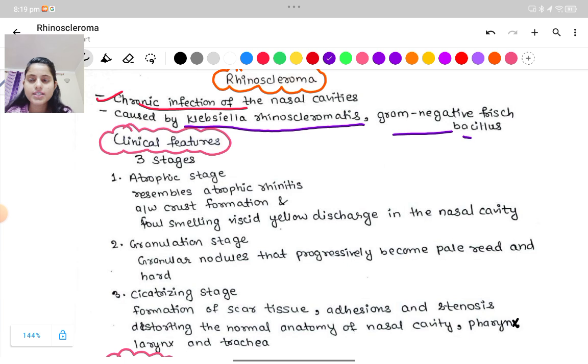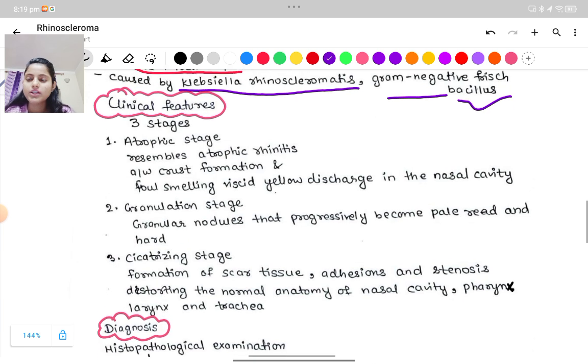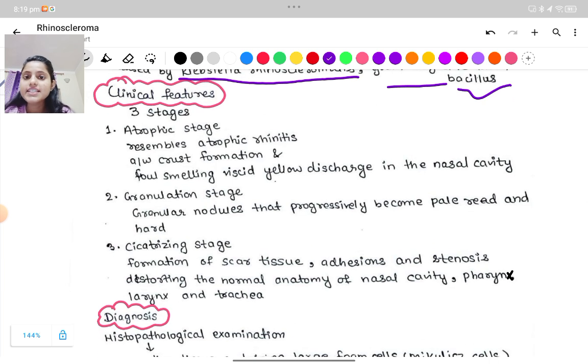which is a gram-negative rod-shaped bacillus. On the clinical features, there are 3 stages: first, the atrophic stage, the granulation stage, and the cicatrizing stage. The atrophic stage resembles atrophic rhinitis, in which there was formation of crust and foul-smelling viscid yellow discharge in the nasal cavity.